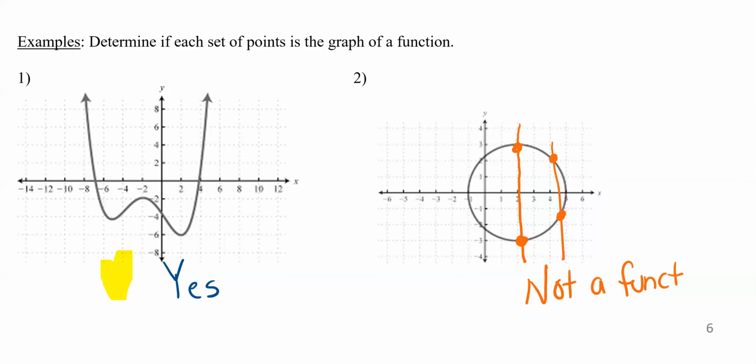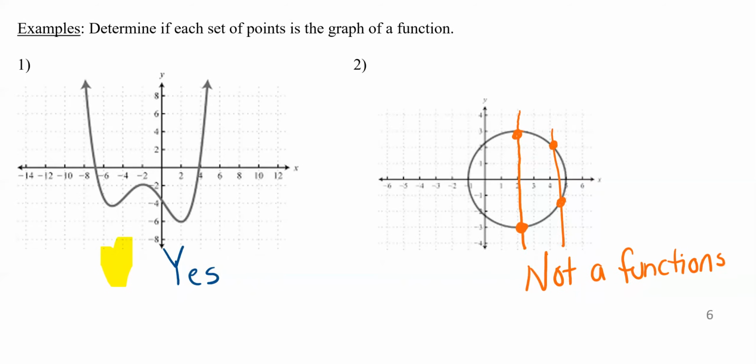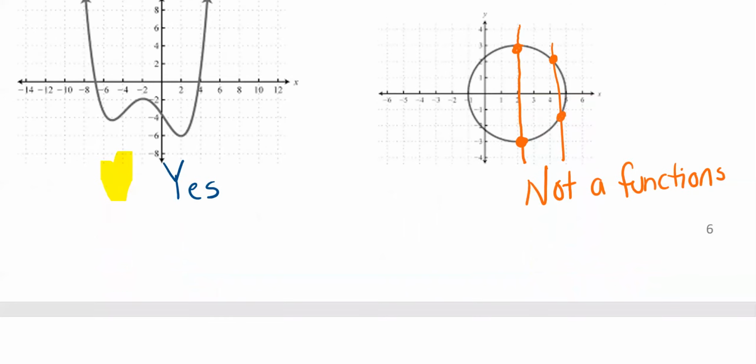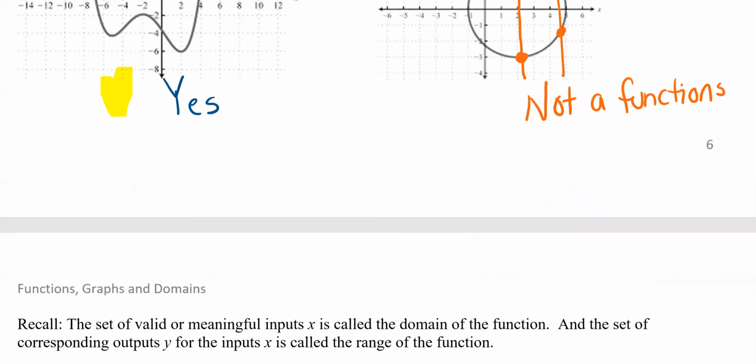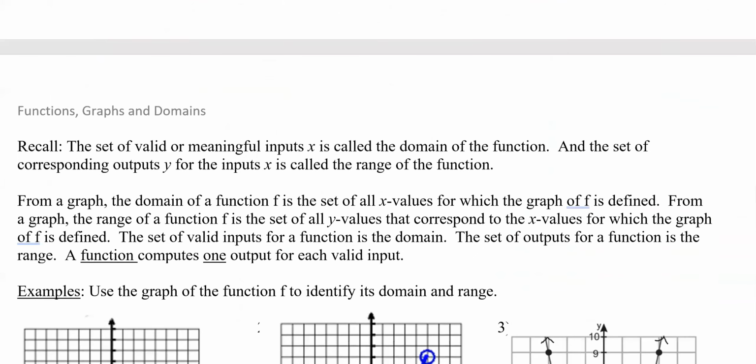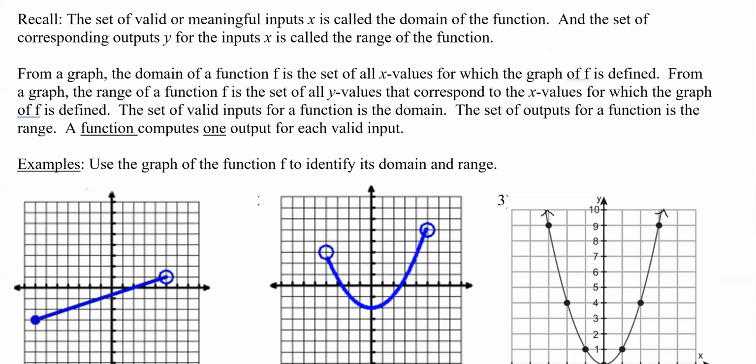So we've seen a couple different, actually 3 different cases. We've seen a diagram, a graph, and a table that we've determined whether it is a function or not. All right, in this next set of problems, we are going to use a graph to determine the function's domain and range.